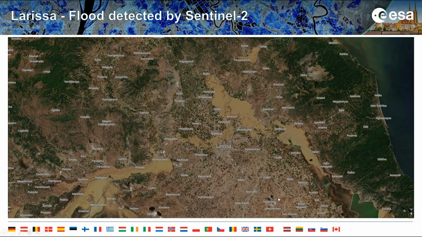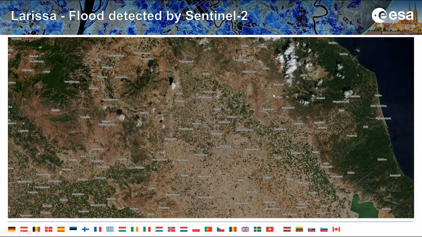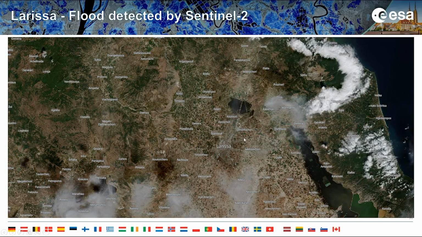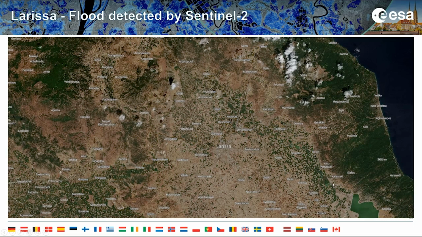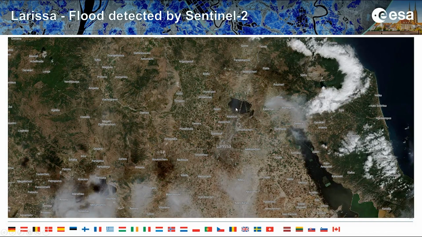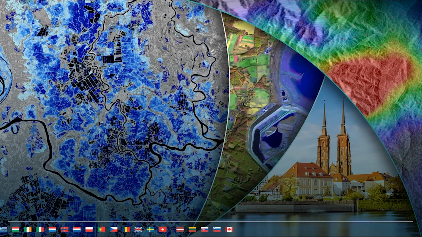This was the 31st of August, this was the 10th of September, and this is the 20th of September. So you see, with respect to the first image, on the eastern part and on the north part, there was water, and it's dark water because of all the sediments that the flood brought with it. And that's it, I guess.